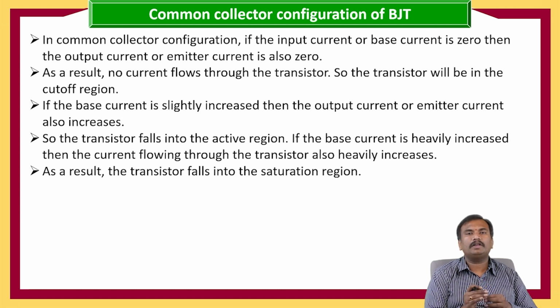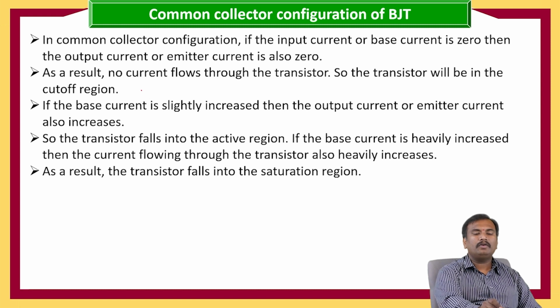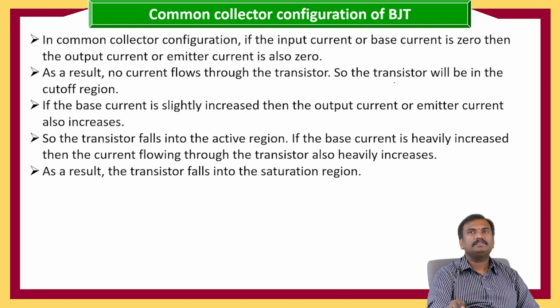Whereas when we don't give any base current, there is no emitter current because the transistor is not conducting. When the transistor is not conducting, no current will flow through the transistor, so the transistor will be in cutoff region.